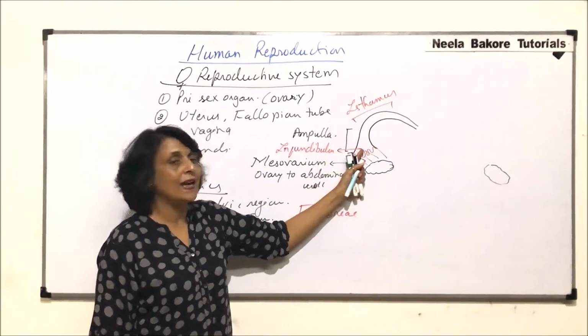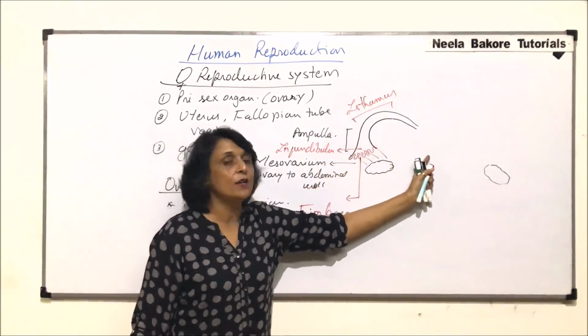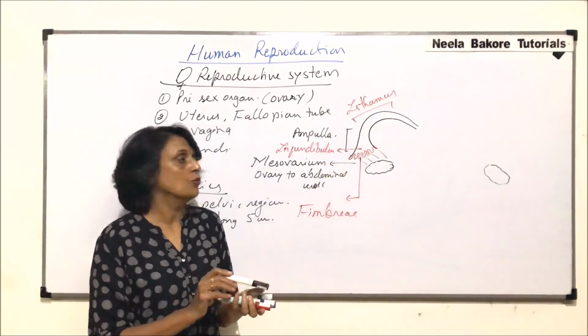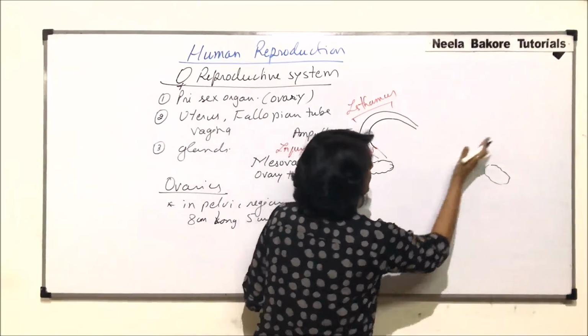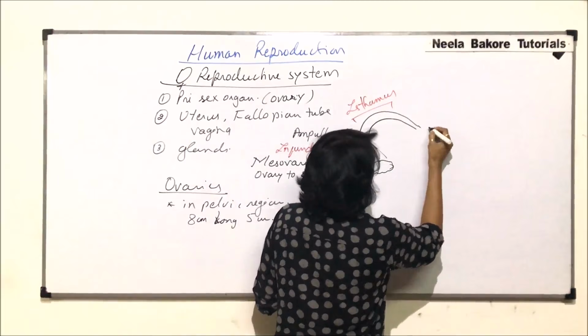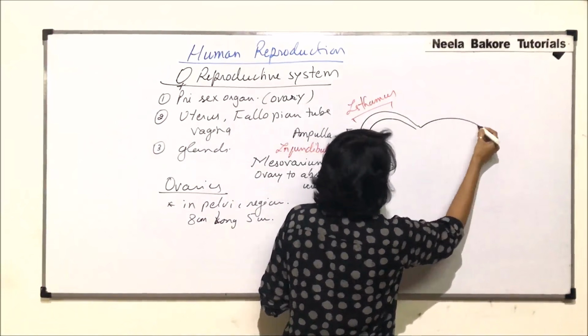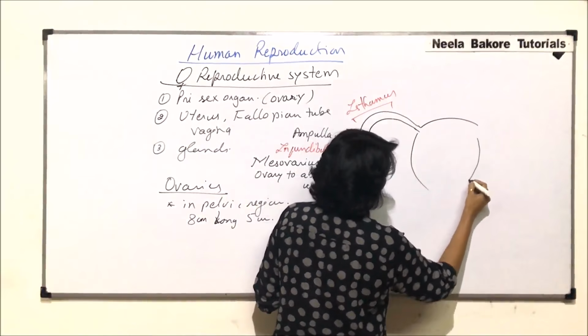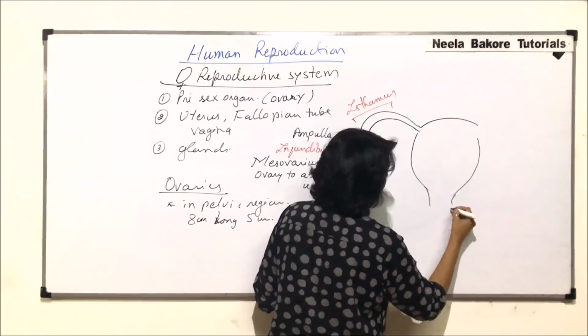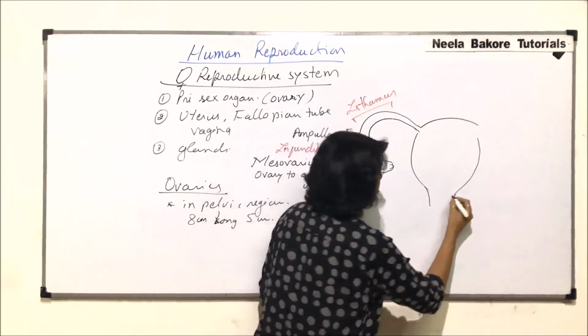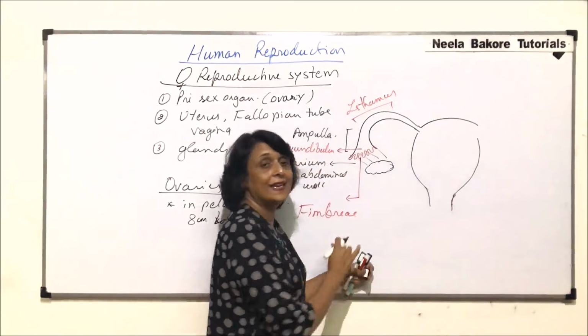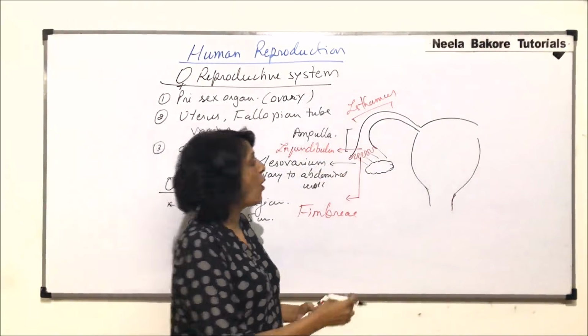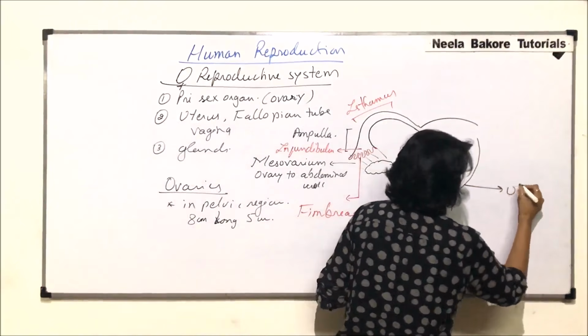So the egg will be collected by the ampulla and then conducted to the uterus. This fallopian tube opens into a muscular structure, an inverted pear-shaped structure, and this is known as the womb or the uterus.